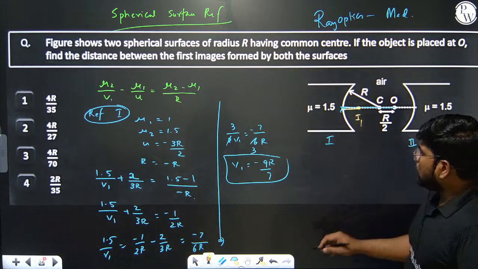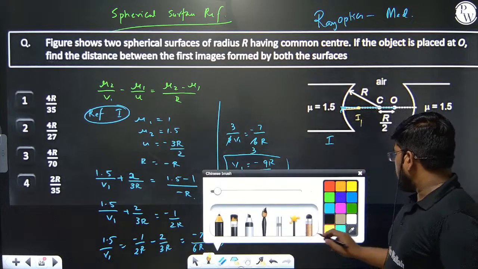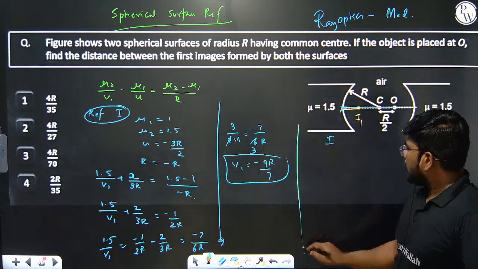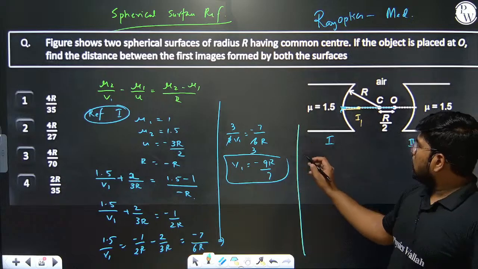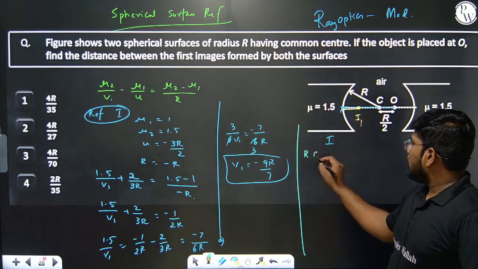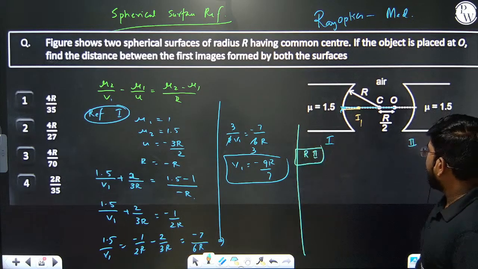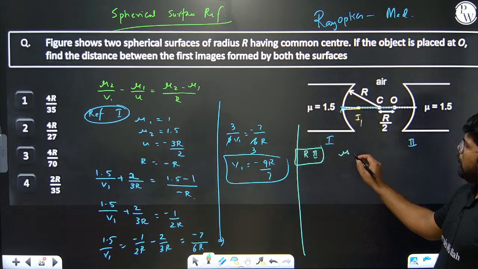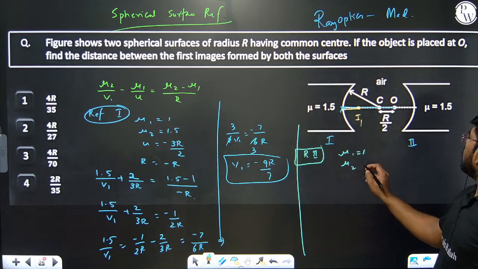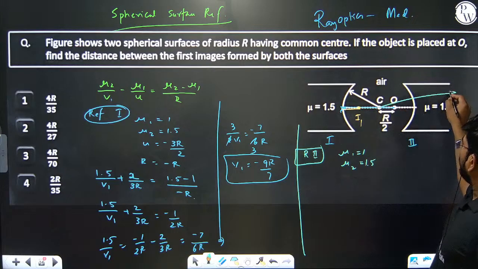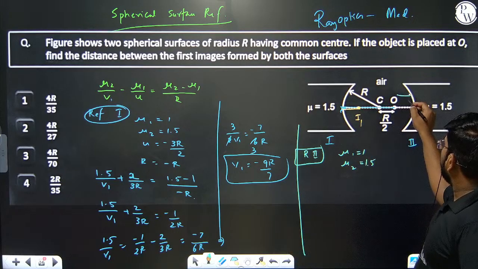Okay. Next let us look for the second image. Second refraction. So again the values for the second surface, refraction 2, we are starting. Again just be careful, better to write mu1 is equal to 1, mu2 is equal to 1.5, we are going from 1 to 1.5.